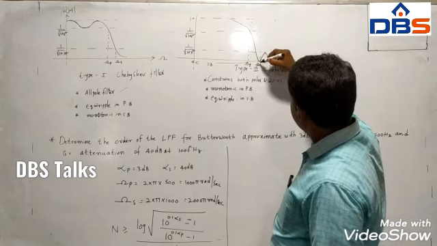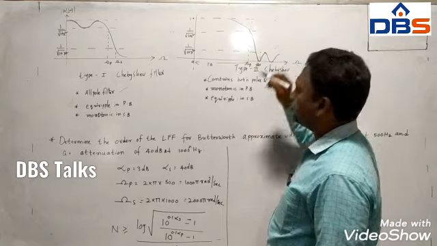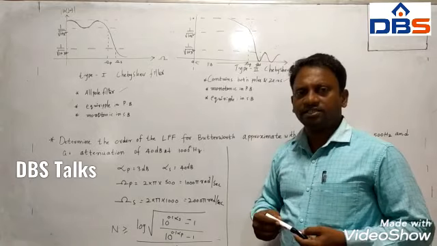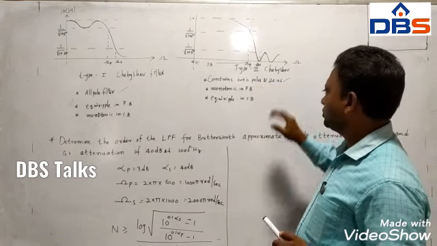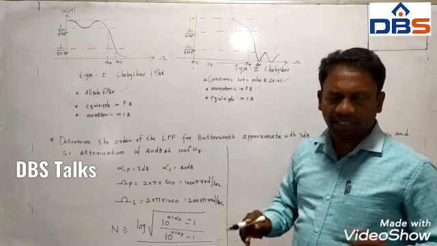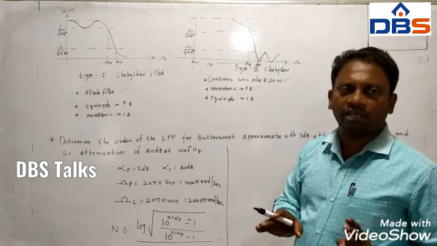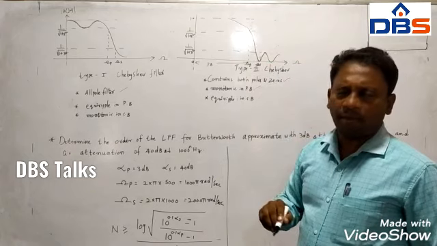So in the stop band you have equiripples, and this type 2 Chebyshev filter contains both poles and zeros. It is monotonic in the pass band, which means the magnitude response does not have any ripples, and it provides a constant magnitude in the pass band.